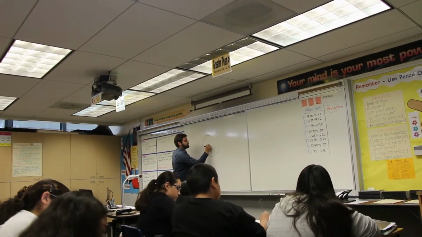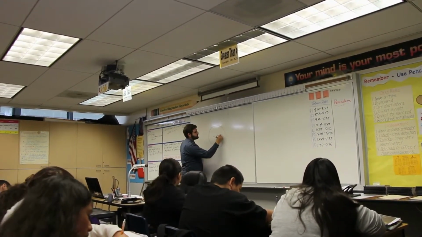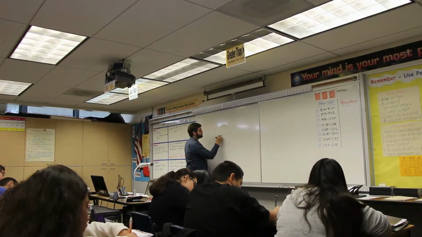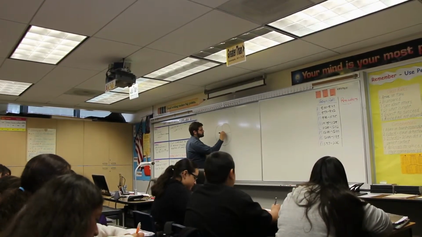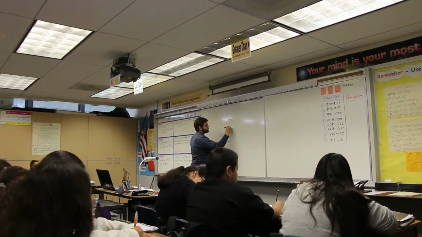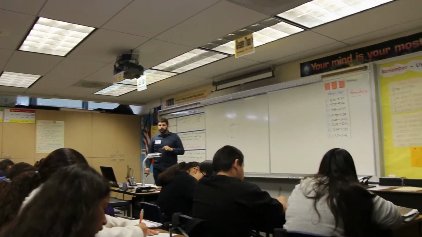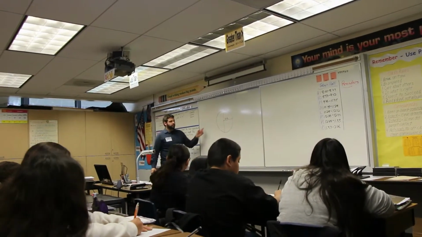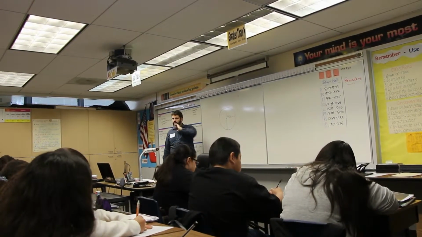All right, cool. So radius equals 2, okay? That's what we're going to start with. I'm going to show you guys how to find the circumference of the circle based on just knowing the radius.